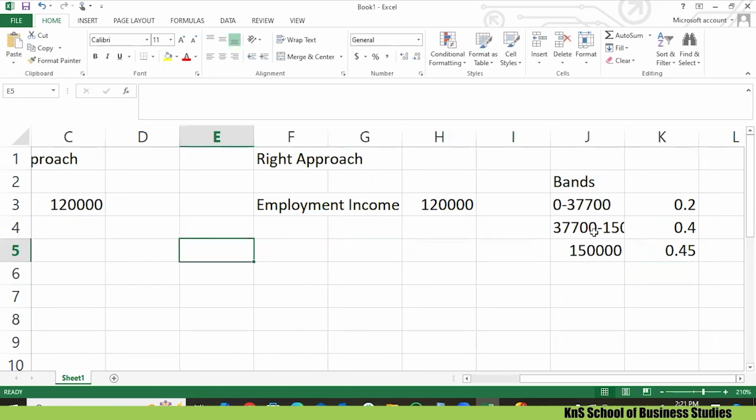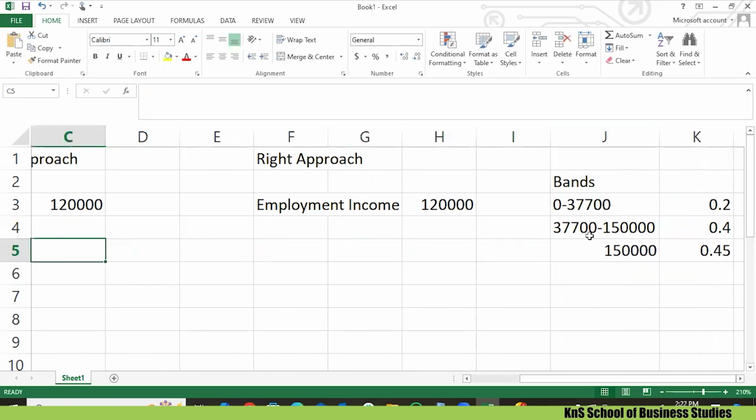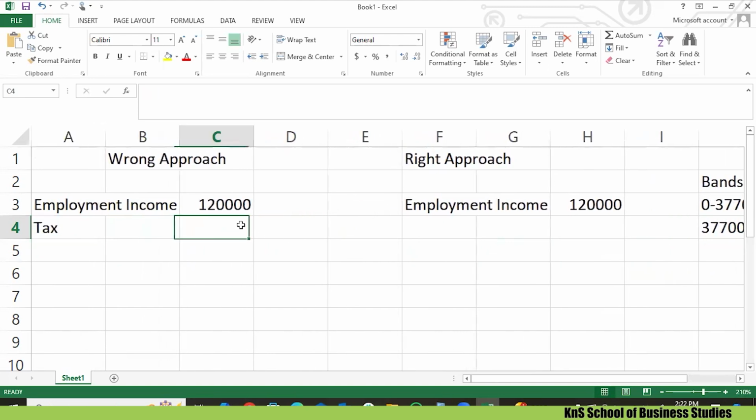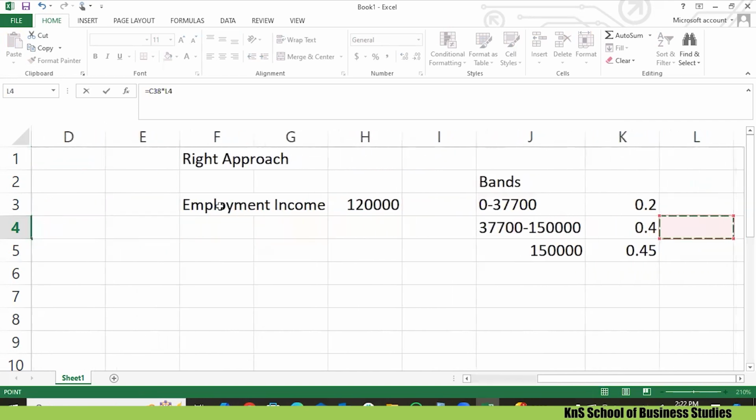Now the student who would see that, okay, 120,000 income, these are the income tax rate bands, so it's within 150,000. So what will happen? 120,000 multiplied by 40%. Just look at this.